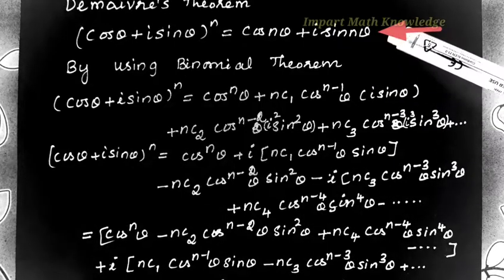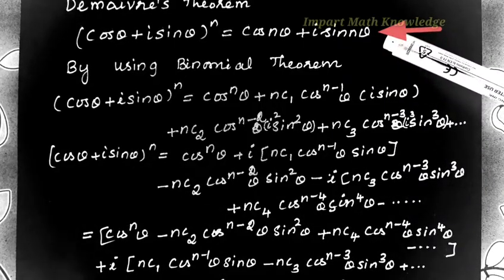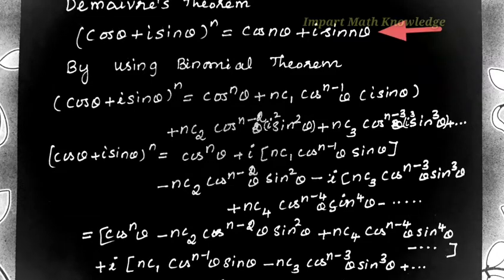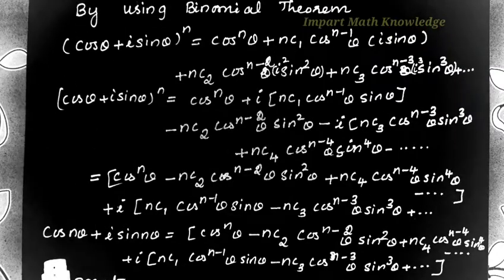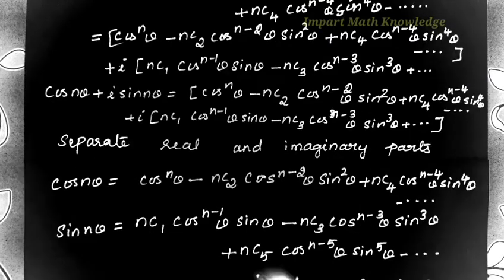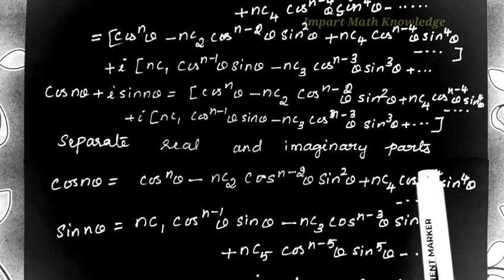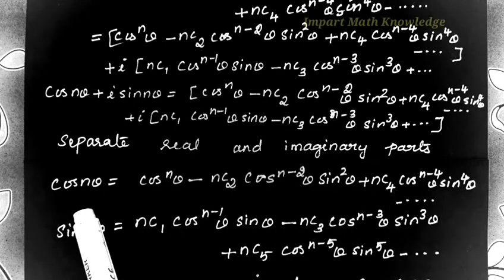We know that (cos θ + i sin θ)^n is cos nθ + i sin nθ. So this can be written as cos nθ + i sin nθ. The right hand side you write as it is. Separate real and imaginary parts. Left hand side real part is cos nθ.